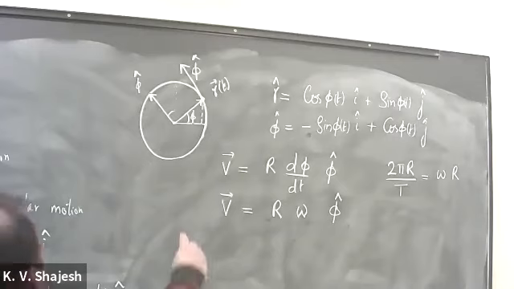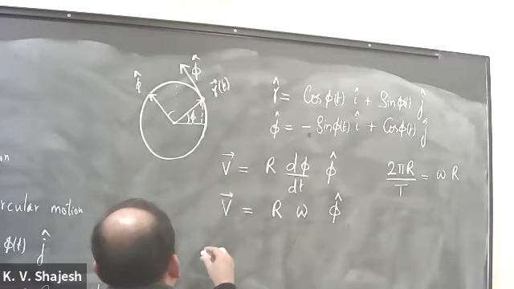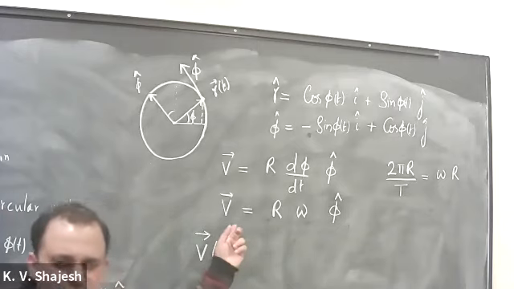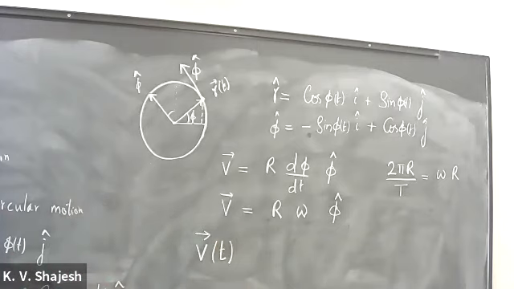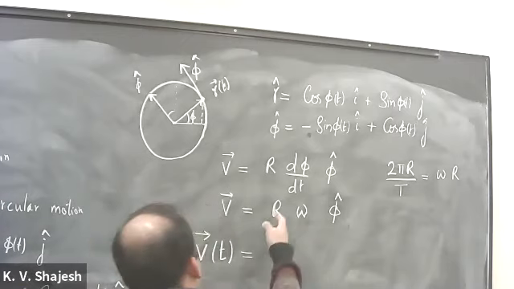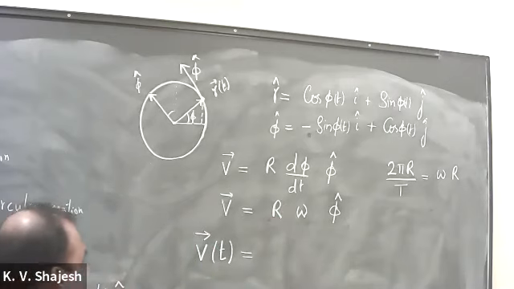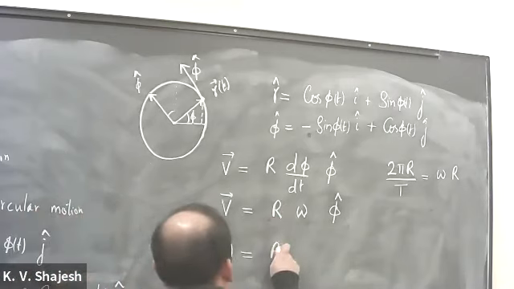So for that purpose, let me bring in the time dependence again. Where is all the time dependence in here? That's velocity as a function of time. So I'm rewriting the same expression, but I'm trying to emphasize where the time dependence is. In general, R could depend on time, but we are talking about circular motion, so that does not depend on time.